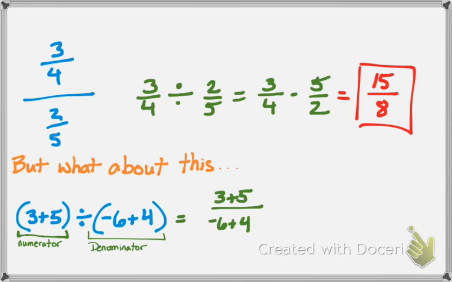Remember, the definition of complex fraction is that it's a fraction with at least one fraction in it. So if I have this expression, I know that it's really just 8 over -2, which is -4.